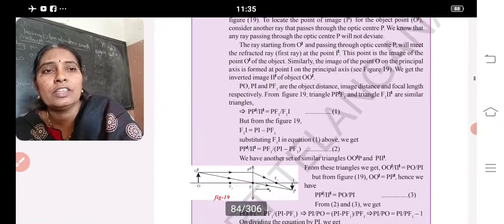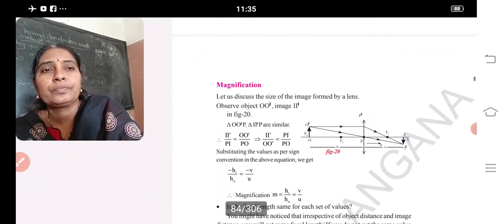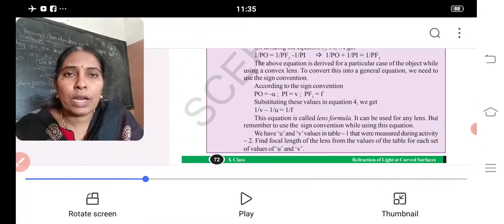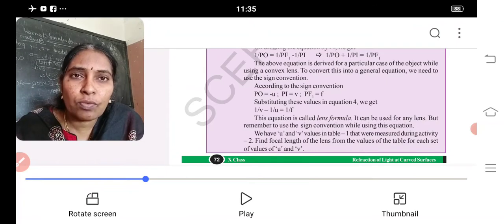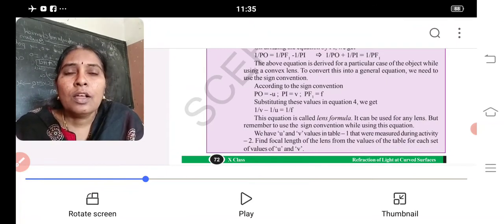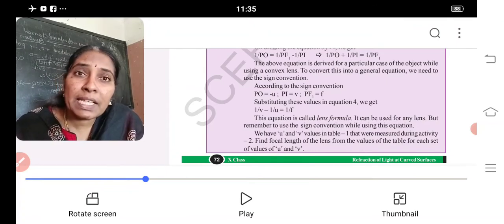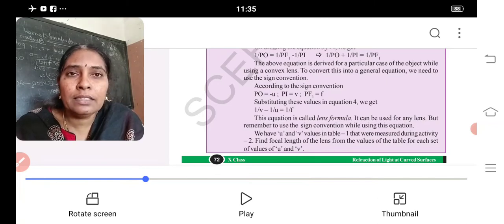Yes, we have one relation, that is the lens formula. This is the lens formula: 1/F = 1/V - 1/U. Mirror formula: 1/F = 1/V + 1/U. There it is a plus sign. Here for the lens formula we have a minus sign, that is 1/F = 1/V - 1/U. Clear children?